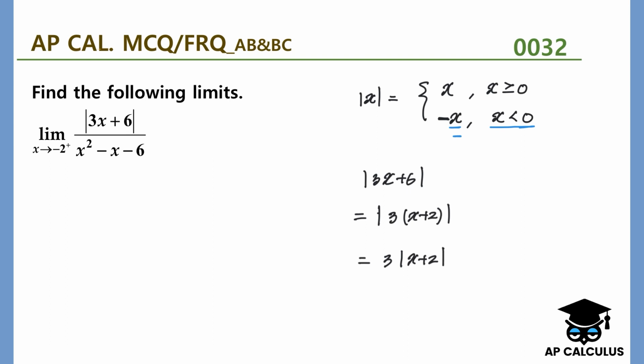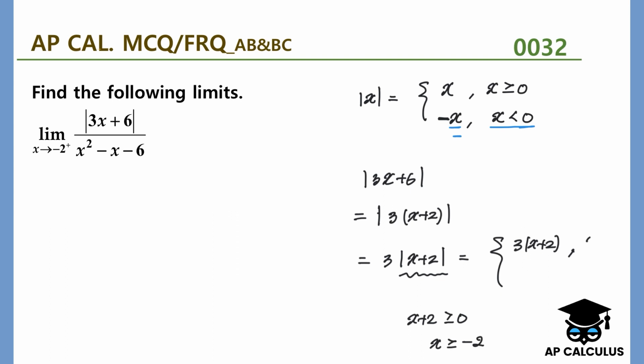And this absolute value of x plus 2 can be written as 3 times x plus 2 if x plus 2 is greater than or equal to 0, which means x is greater than or equal to negative 2. Does that make sense?